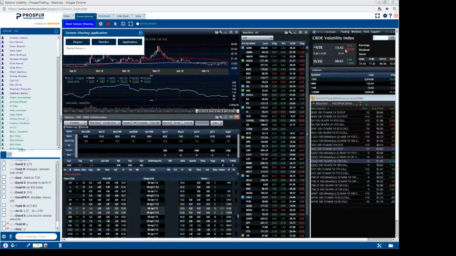Cool. So, VIX option pricing, depending on the expiration, is not based off of the spot or current VIX.